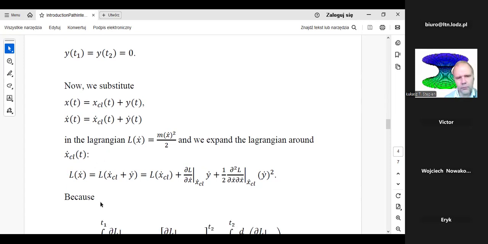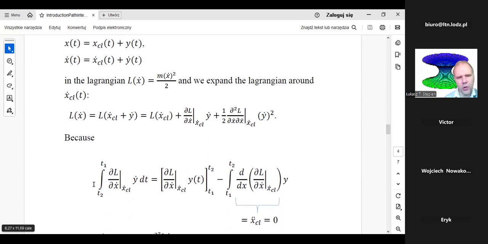Okay. And of course, we can write down that this integral is equal to such difference, because we are integrating by parts. We calculate the integral by integrating this expression by parts, and we can write down such integrals as follows.